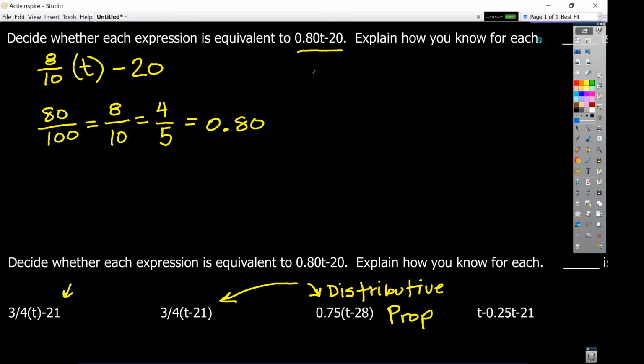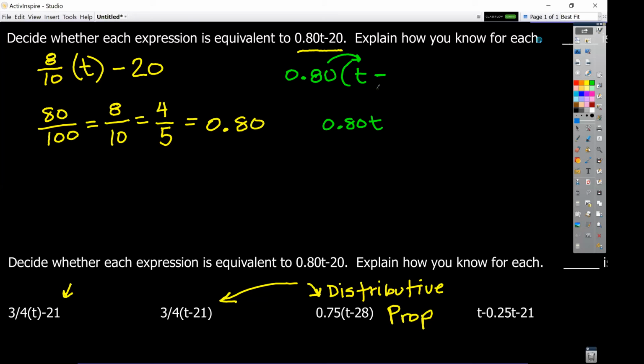So in distributive property form, we would have 0.80 on the outside of the parentheses. On the inside, we'd have the t. So when we distribute the 0.80, we end up with 0.80 times t. And then you guys notice the minus sign or negative.